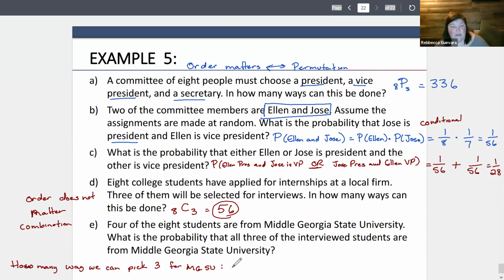We have 4 students from there, and we just need to pick 3 of them. And so that is 4. So the probability that all of them are going to be from Middle Georgia State University would be, we have 4 ways to choose 3 of them from that university out of my 56 possible ways that I can choose. And that is going to be 1 out of 14.